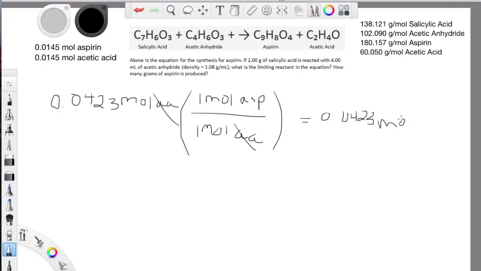See, these kinds of problems are really easy when you have just a 1-to-1 mole ratio, but they can get confusing when you have different ratios and you have to calculate lots of numbers and you can easily get them mixed up. Same thing to find how many moles of acetic acid we've produced, and we actually end up with the same answer again of 0.0423 moles of acetic acid.